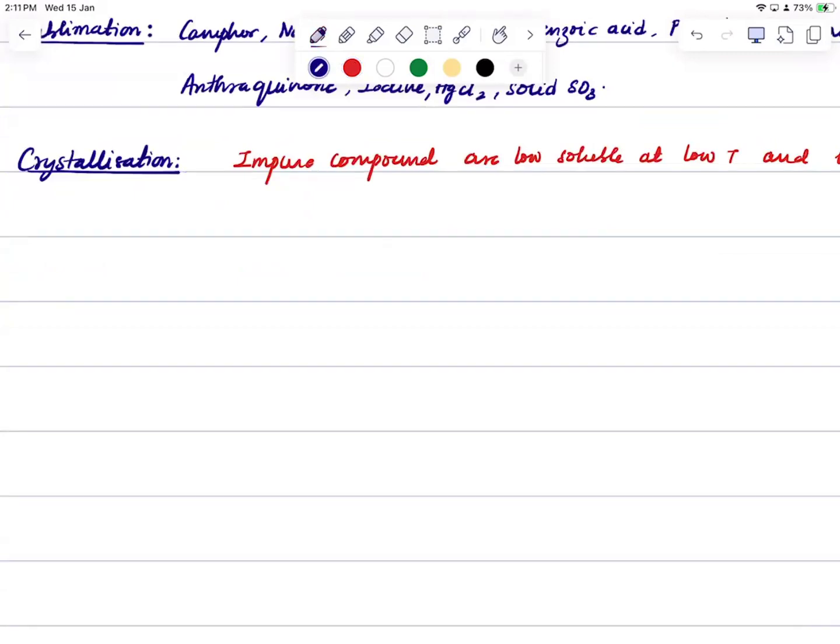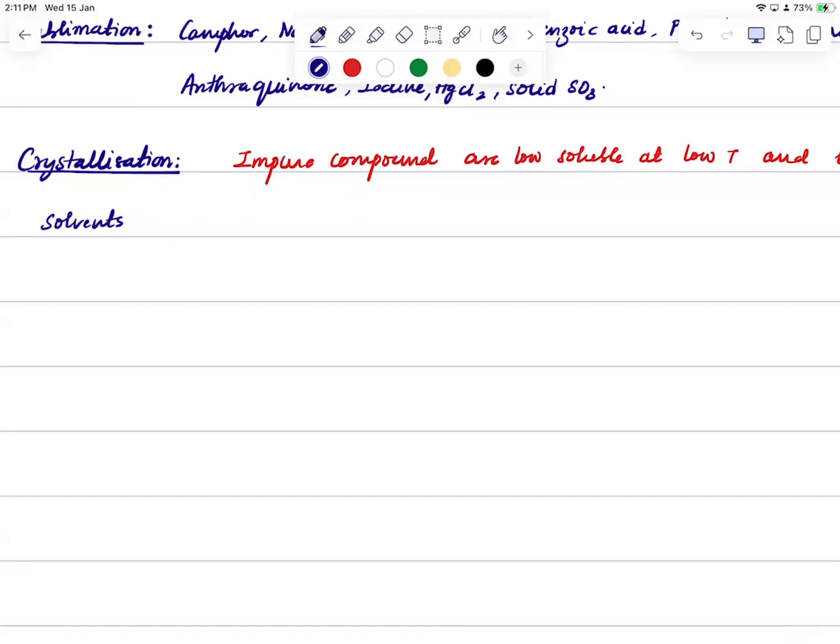First we need to understand what the solvents for crystallization are, because we require those substances to dissolve in the solvent. After that, we need to crystallize the desired compound.